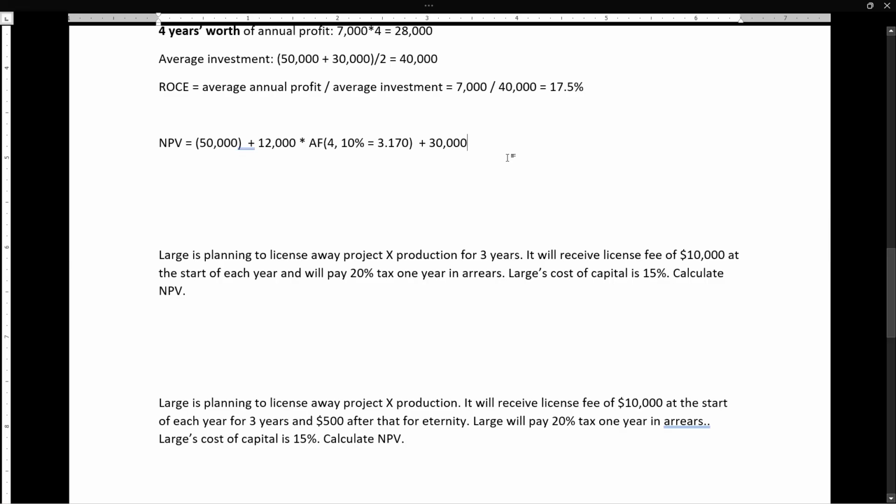And that is 30,000 and it has to be discounted, and discount factor would be also for 4 years and 10%. We take our discount factor table, and we know that that would be 0.683.